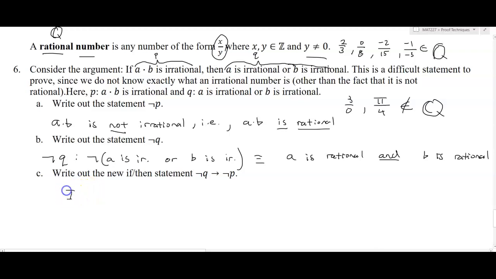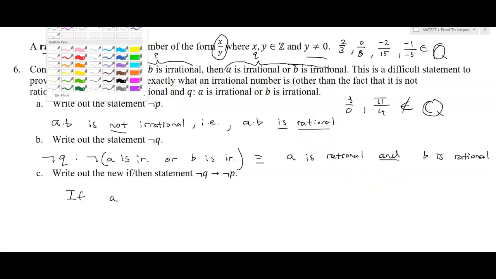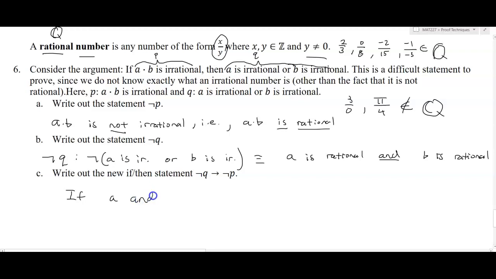So we'll say if not Q, if A and B are both rational at this point, because A is rational and B is rational, then A times B is rational.